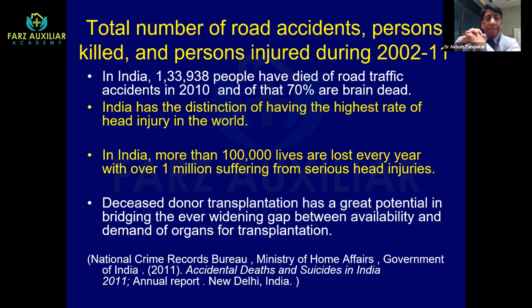In India, more than 1 lakh lives are lost every year, and 1 million people are already suffering from serious head injuries. That's why there is a significant potential for cadaveric organ donation in India.